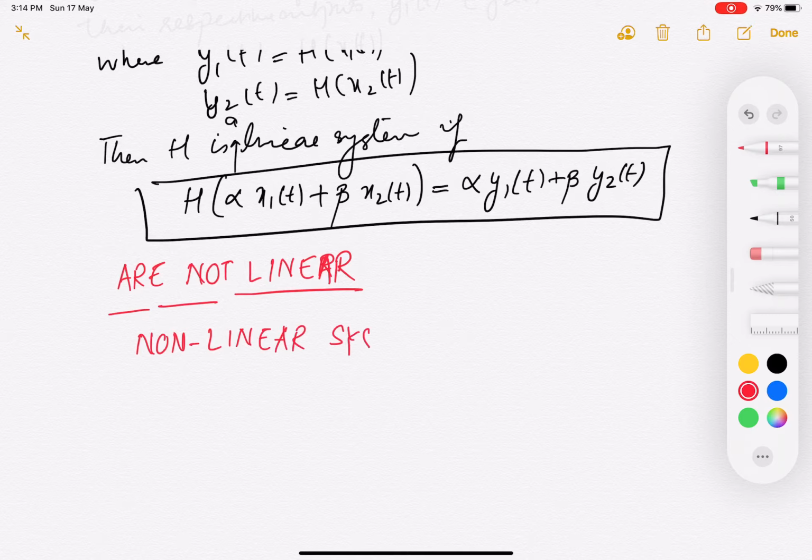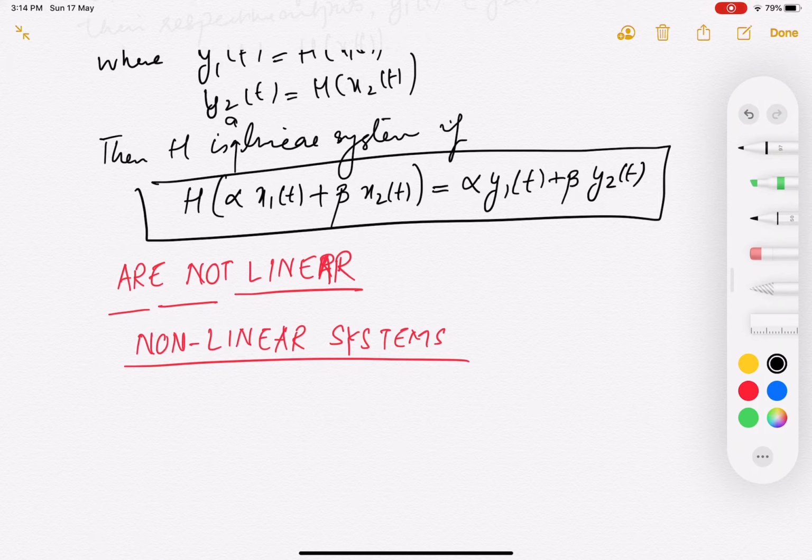So this unit is about nonlinear systems, systems that don't obey the property of superposition. Most of the systems that we see around us are nonlinear, especially systems in nature.